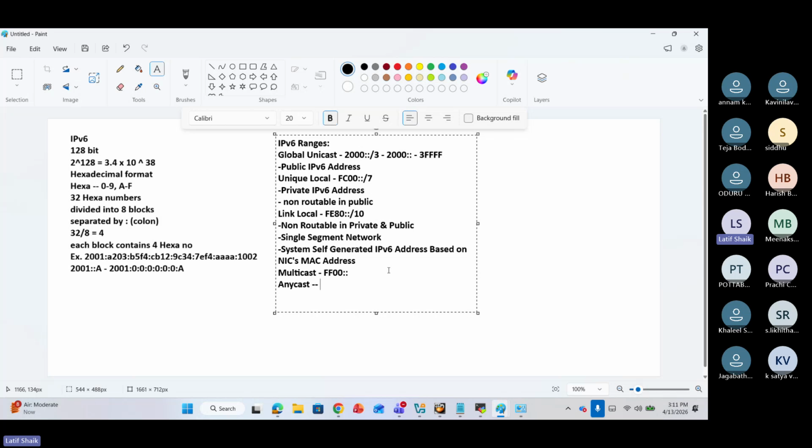So what is this broadcast? IPv4 broadcast goes to everyone in the network. It broadcasts because if a device does not know the destination address, it broadcasts the packets with the destination address 255.255.255.255. It goes to all devices connected in the network.